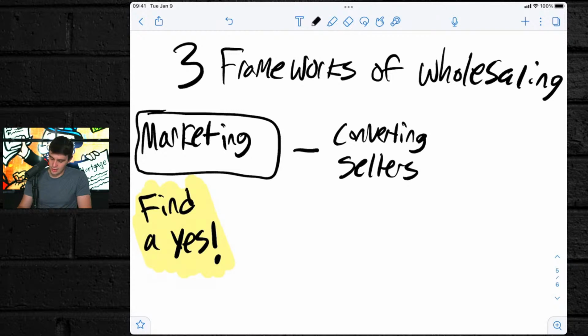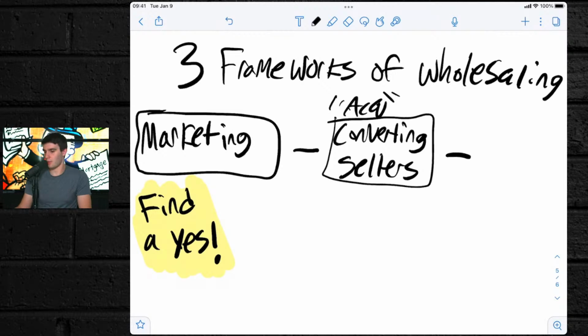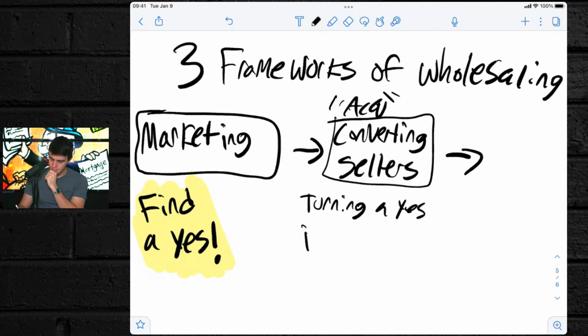So I'll call it converting sellers, whatever you want to call it. I want you guys to understand this is a loop. Converting sellers is all about turning a yes into a contract. That's it.